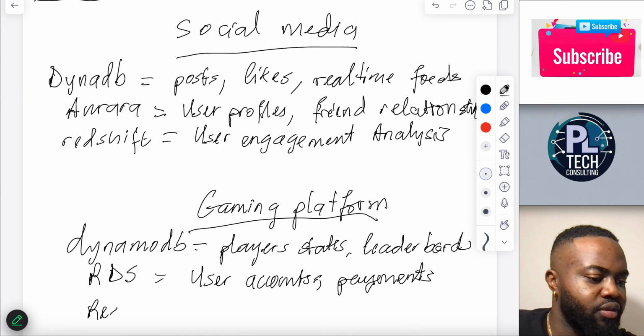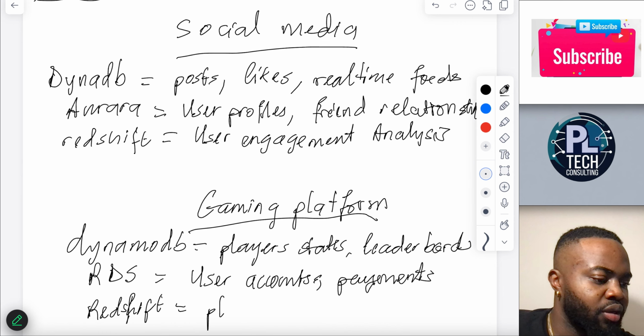And Redshift will be good for player behavior analysis.